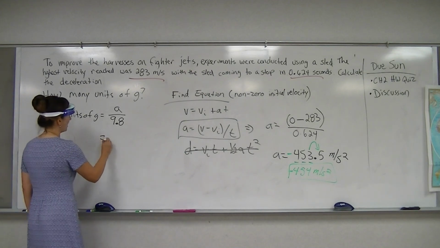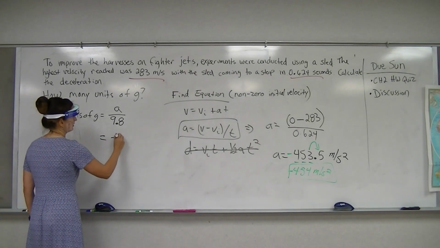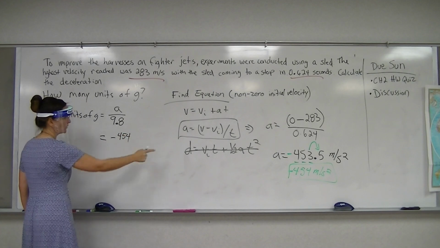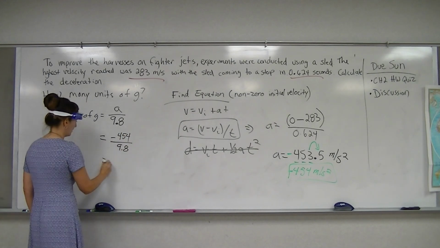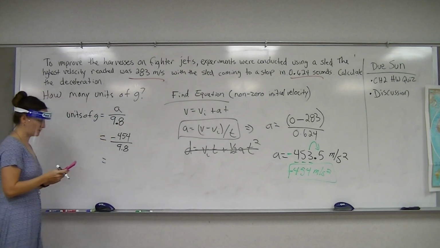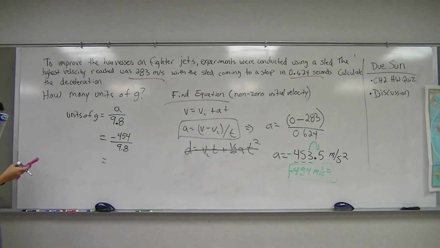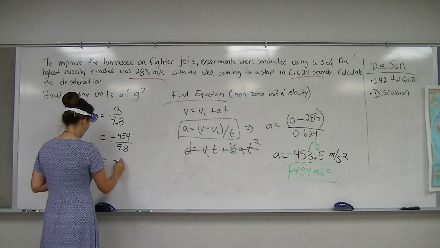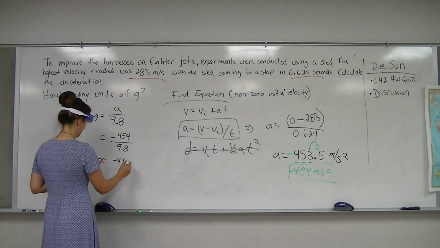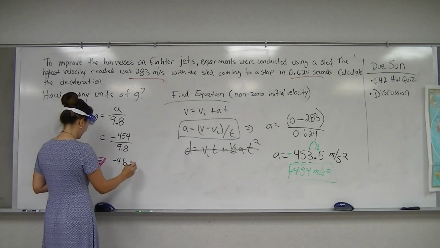So to figure it out, we're going to take that 454 that we got for our a and divide it by 9.8. I just said most roller coasters are around 3. There might be a 5 here and there. And this is 46. I'm going to keep with our 3 sig figs.